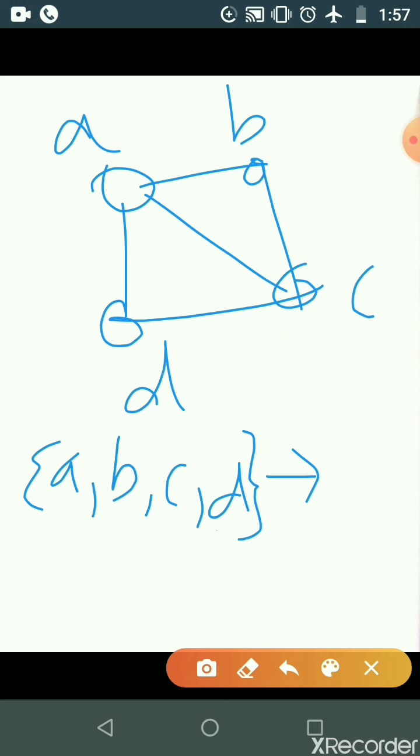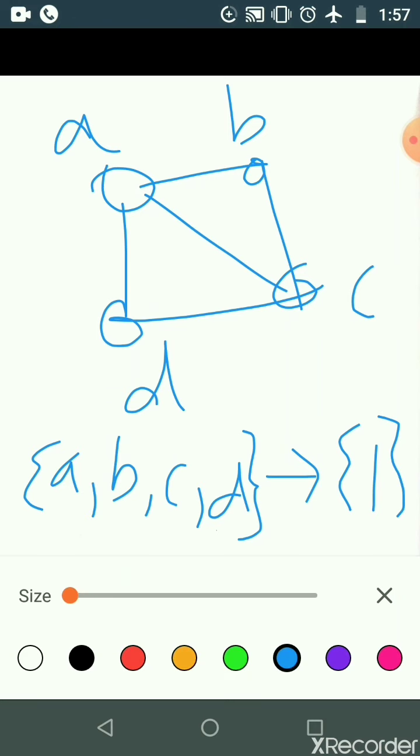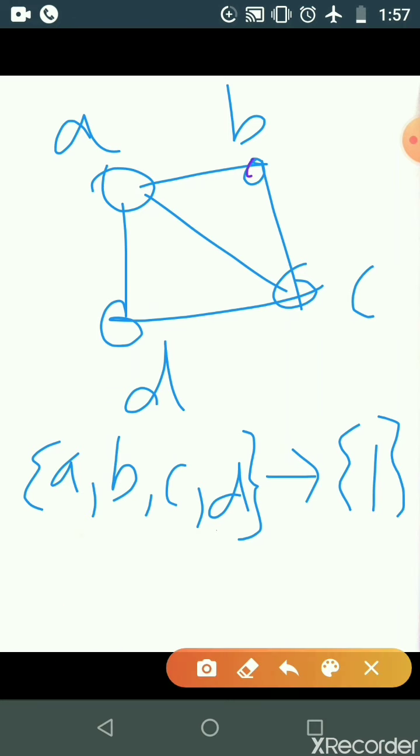We will assign some colors to these vertices. If I am assigning only one color, then it will be a one coloring I am giving the graph. Suppose I am just assigning color number 1. So here all the vertices are mapped to color number 1.